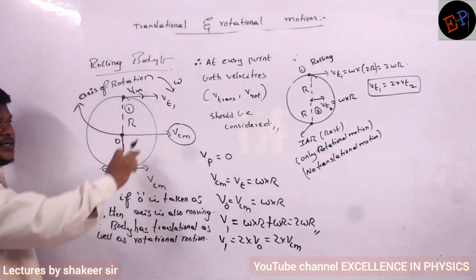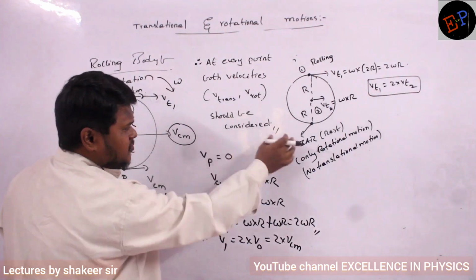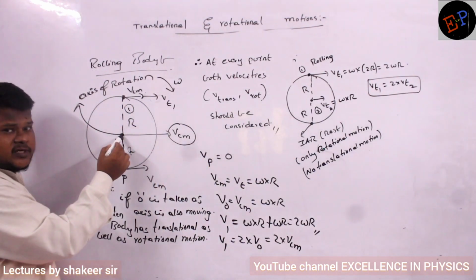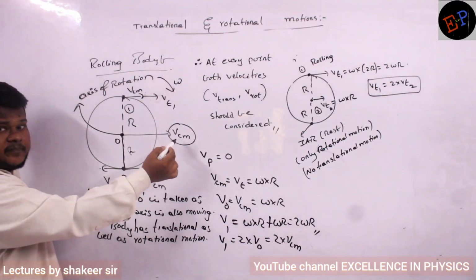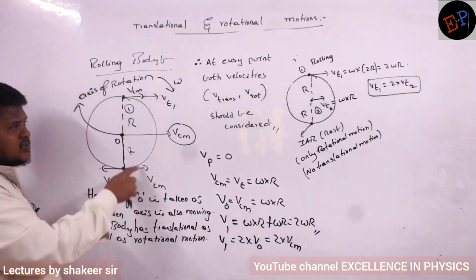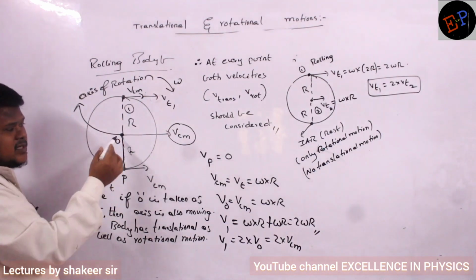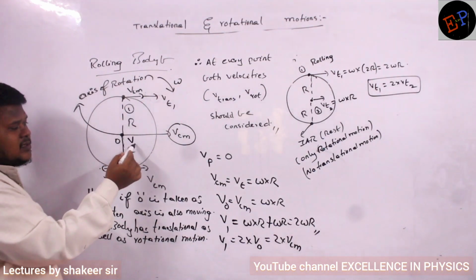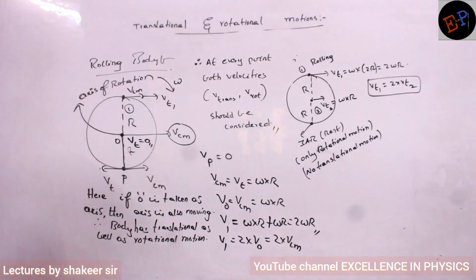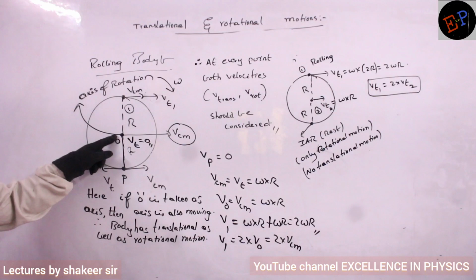So here and here, understood the difference now, how we are doing the calculations? Here we are taking this one to be the axis of rotation, but the axis is also moving, so at every point I have to take two velocities. Here also two velocities, here also two velocities, but here only one velocity, because here tangential velocity is 0. The middle is not rotating.